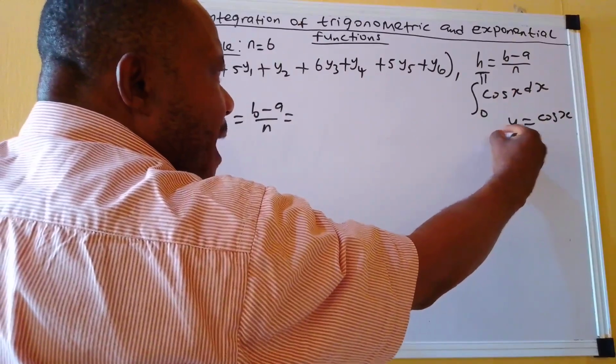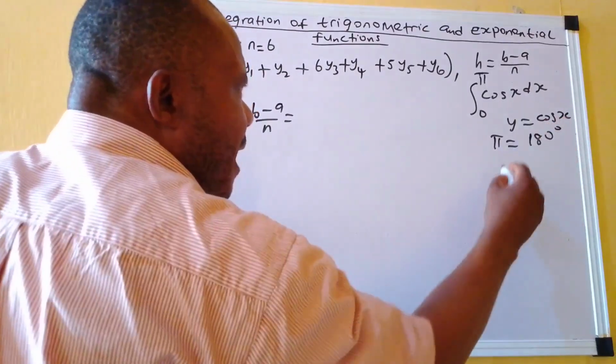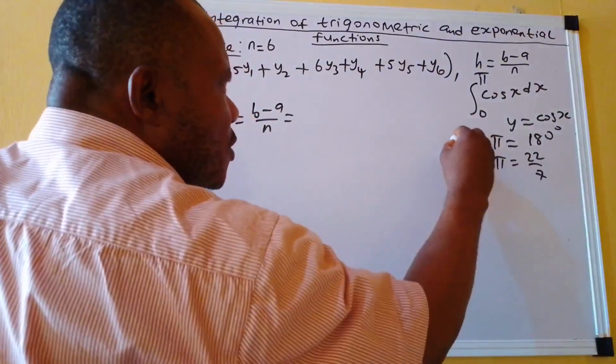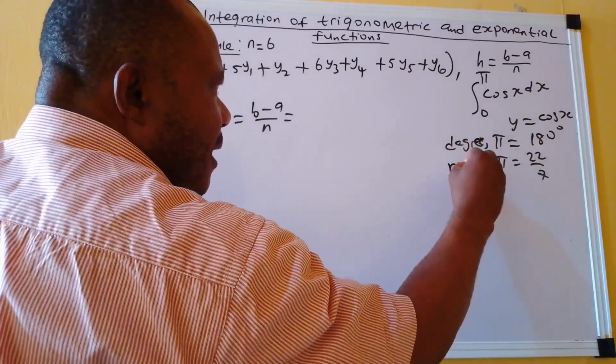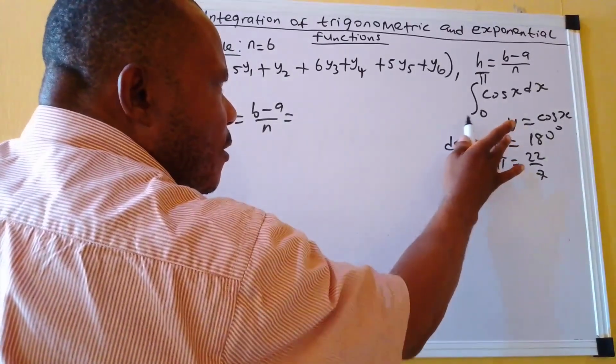Remember, in degrees, pi is equal to 180 degrees, and in radian, pi is equal to 22/7. So you should take note of all this.